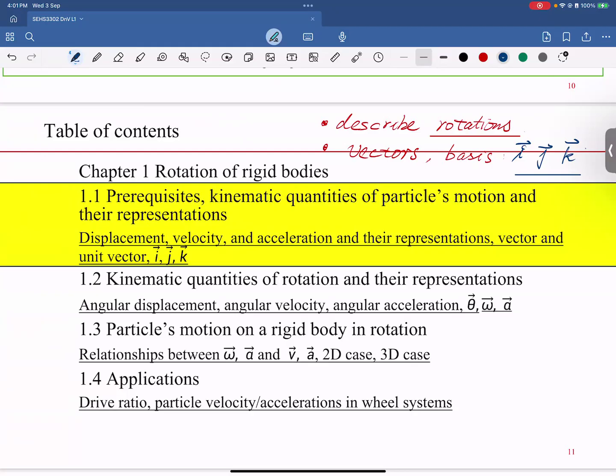From this lecture, everything will go with vectors. When given a vector, we give its magnitude and direction. We also have vector calculation, and you're going to be familiar with a vector and its calculation.